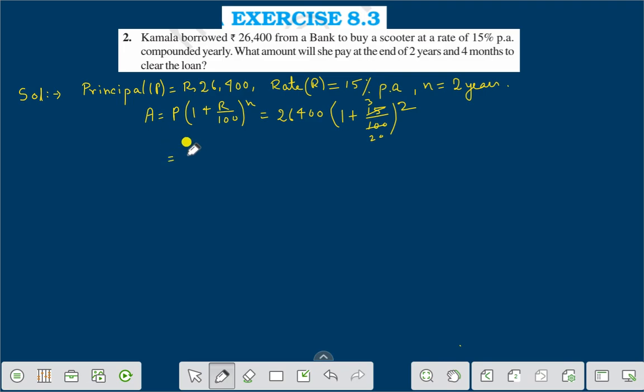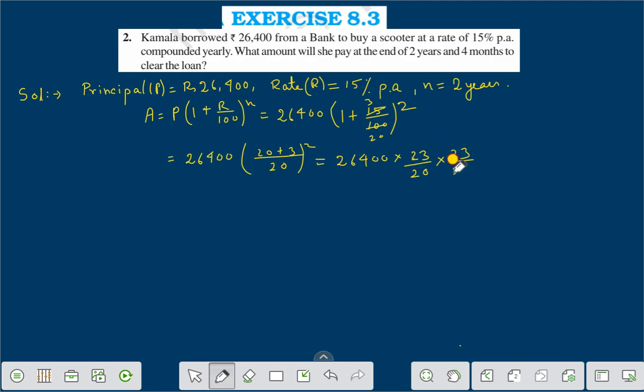We are getting 26,400 into, if we take 20 as LCM, 20 plus 3 over 20, whole square, that is 26,400 into 23 by 20 into 23 by 20.